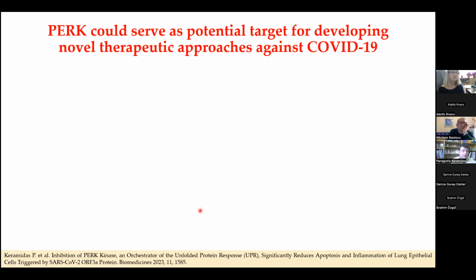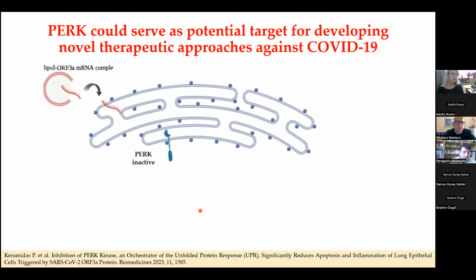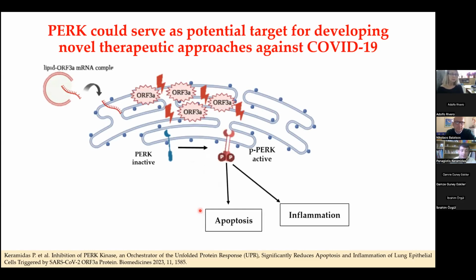So in this project, we successfully used mRNA technology and mRNA manufacturing to show that PERK could serve as a potential target for developing novel therapeutic approaches against COVID-19, as the lipid-ORF3 mRNA complex was introduced to cells where ORF3 was translated, and then ORF3A activated PERK, and activated PERK drives cells to apoptosis and an inflammatory response.